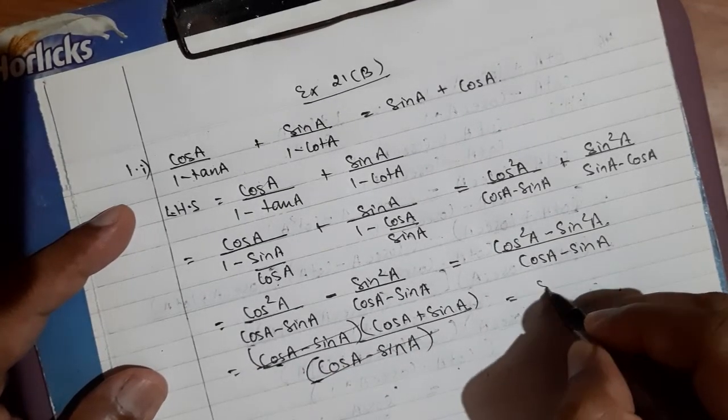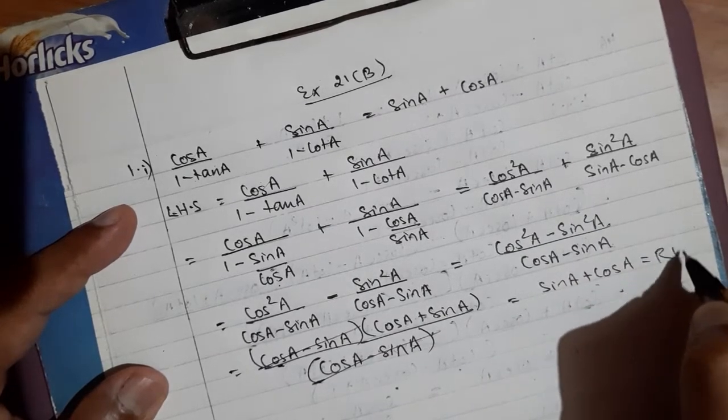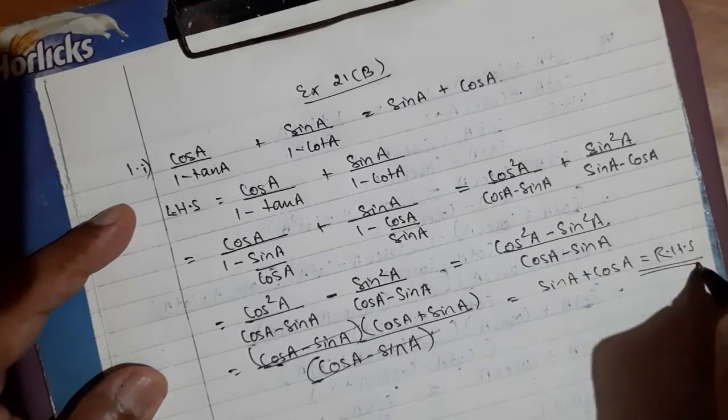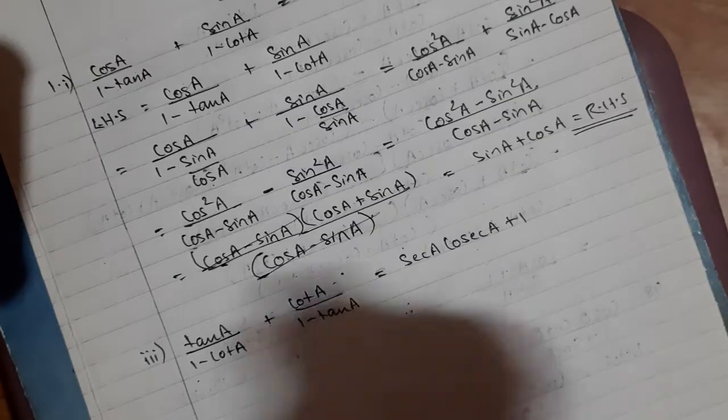Remaining is sin A plus cos A, which is equal to RHS. What we have to prove. This was your question number 1 first.